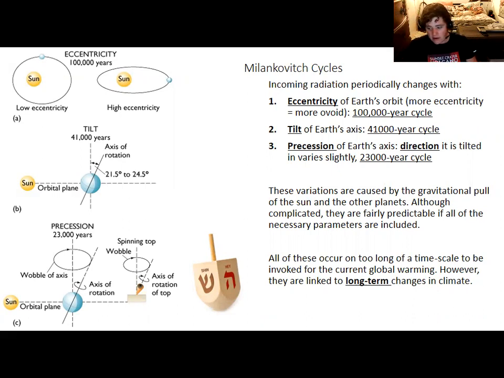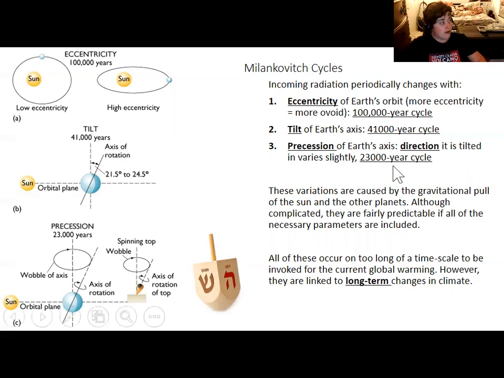One way to think about it is kind of like how the handle on a top or a dreidel will point in different directions as the device is spinning around. And Earth's axis is pointing in different directions over geologic time.